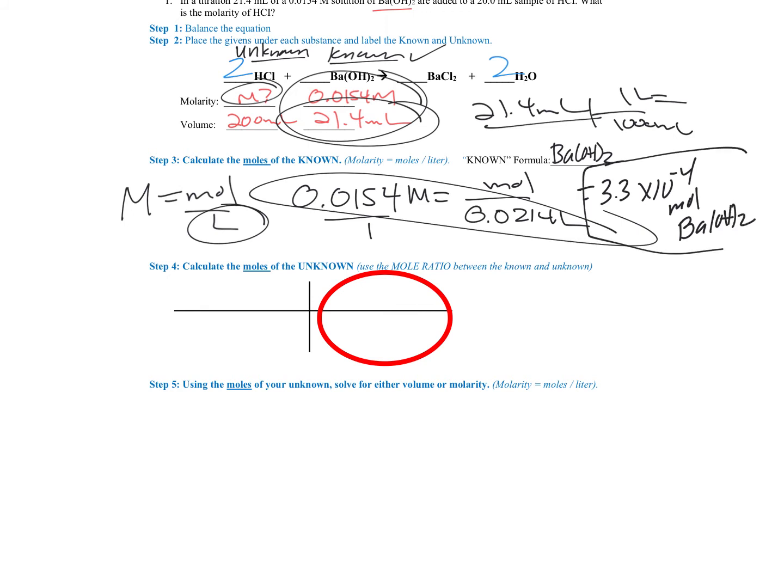Since I'm back in the formula barium hydroxide, I'm not saying how many hydroxides are there, but I'm saying how many moles I have. And so we're at the equivalence point where H's equal OH's.